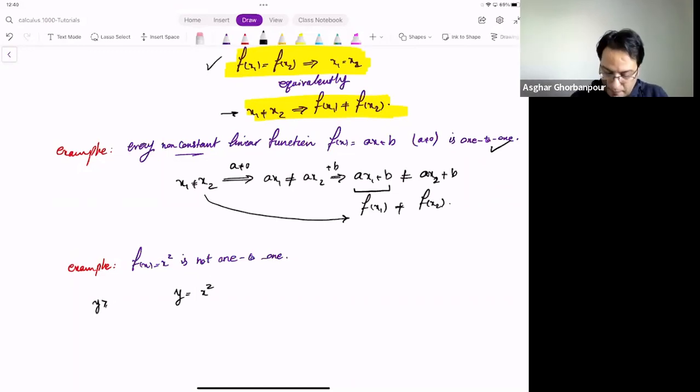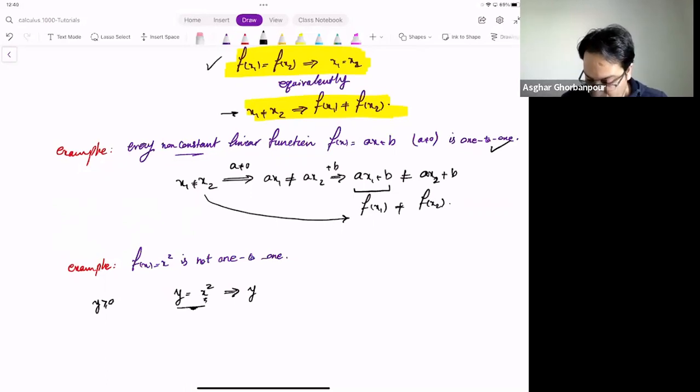So y is positive. Then I can write this as f of something. Then I want to see what would be the input which will give you the y. It means that I want to solve for x and see what are the inputs which give you that y.